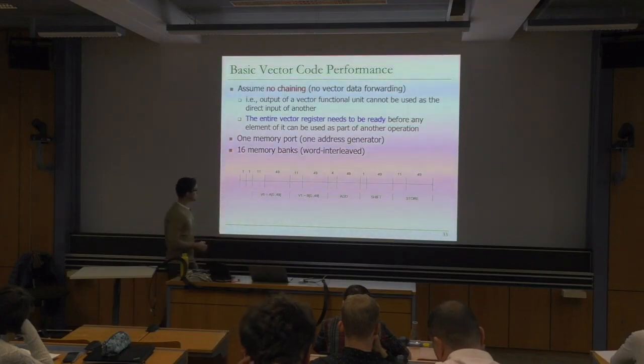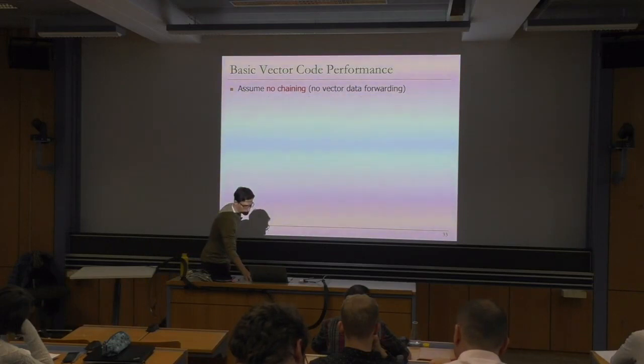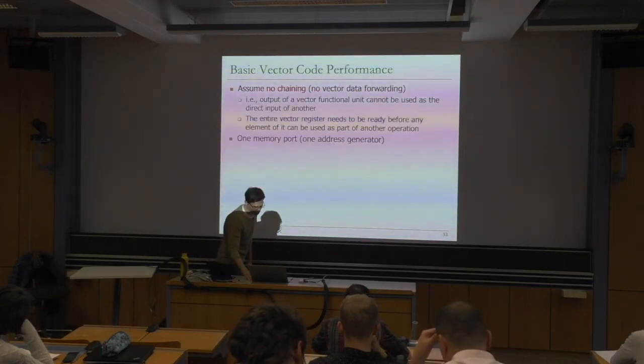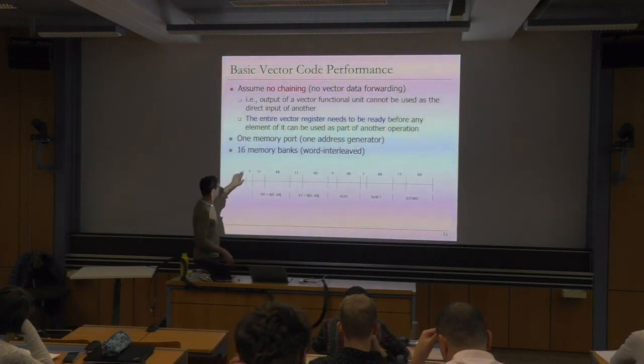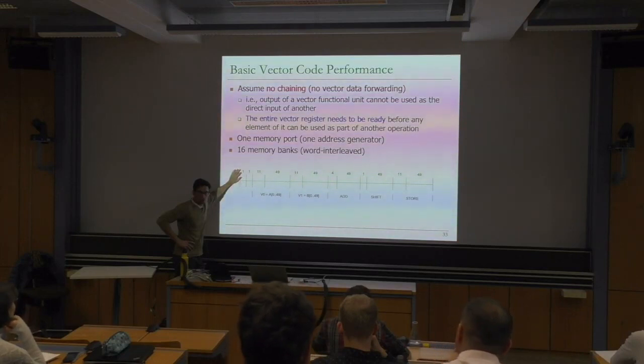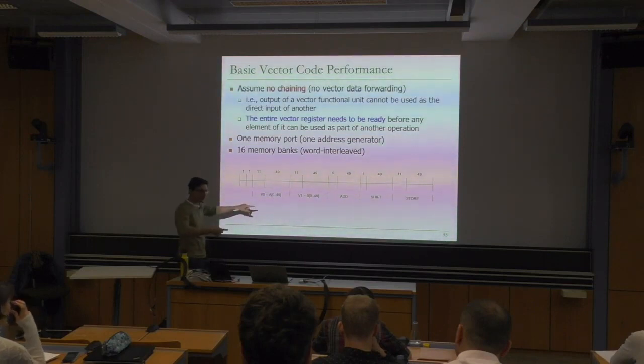And now we can see this timeline of how this code that we have here is executed. I already mentioned this, but these two instructions take just one single cycle, storing to the vector length register and the vector stride register, and right after that we have the vector load. So in the first cycle we issue the request for element 0, one cycle later the request for element 1, element 2, and so on.